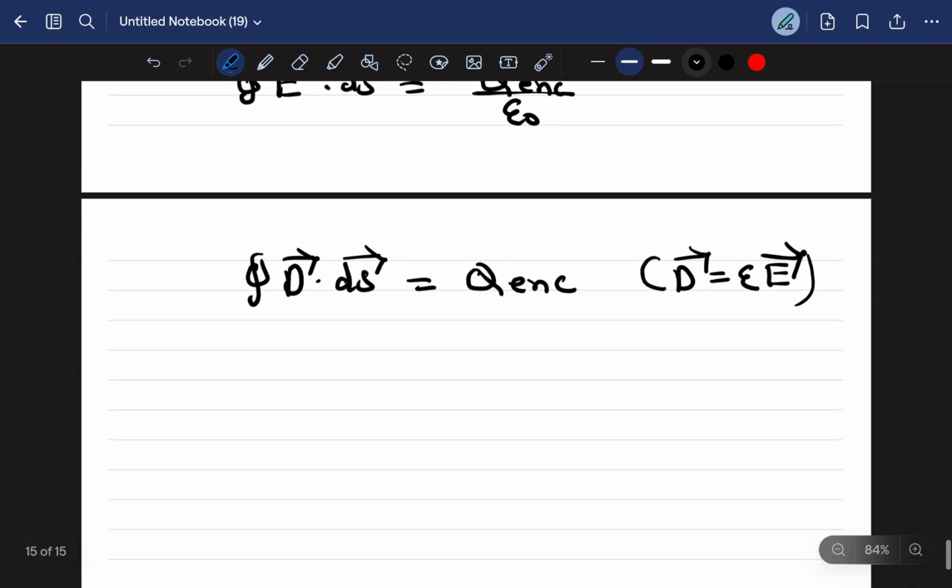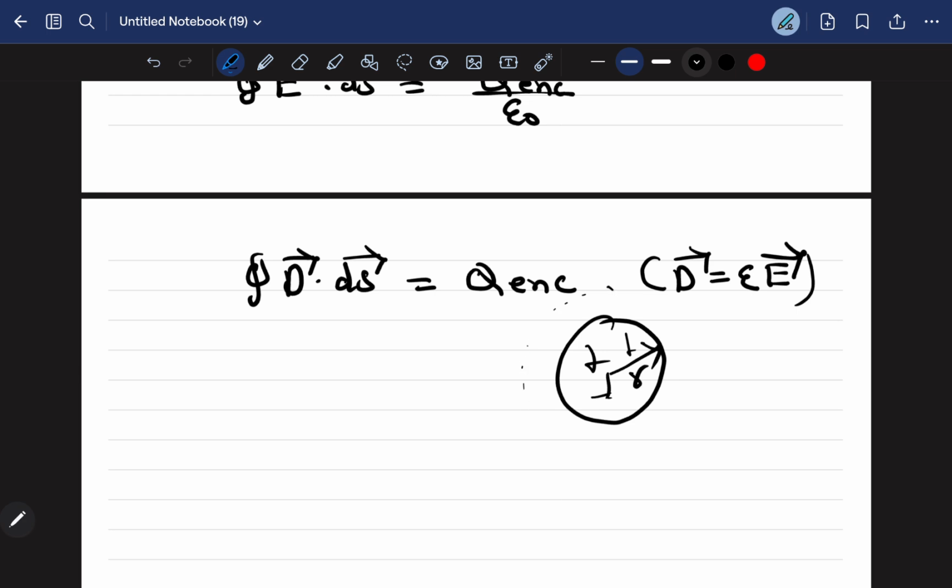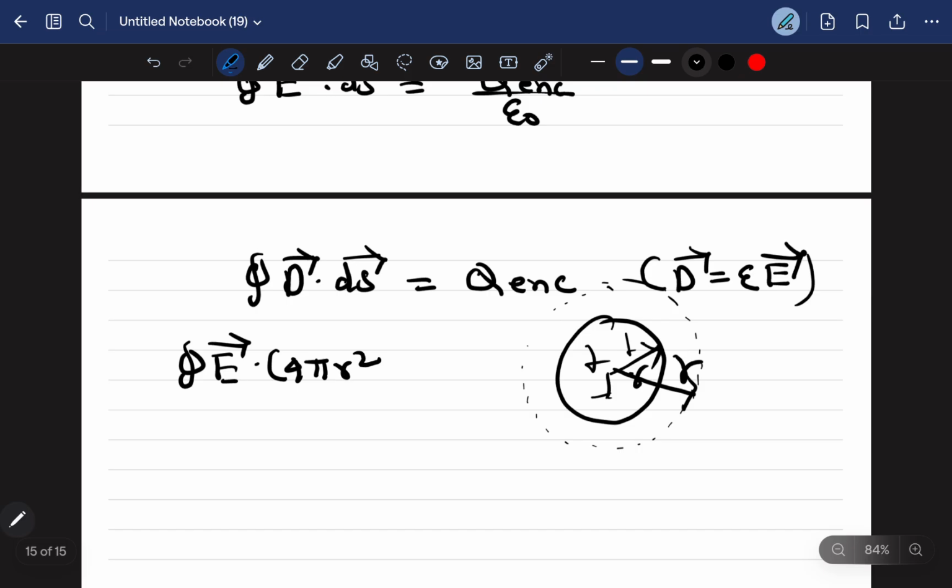Now consider this sphere of positive charge, radius R. Consider a Gaussian surface of spherical shape at radius r. We know the closed integral of E dot dS. The surface area of this Gaussian surface is 4 pi r square, equal to q enclosed.